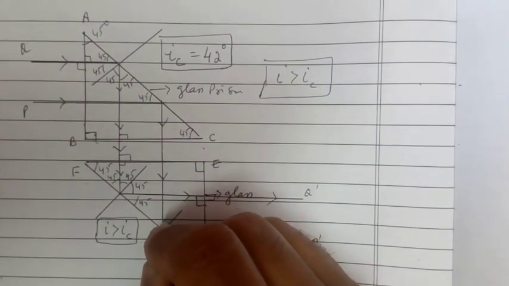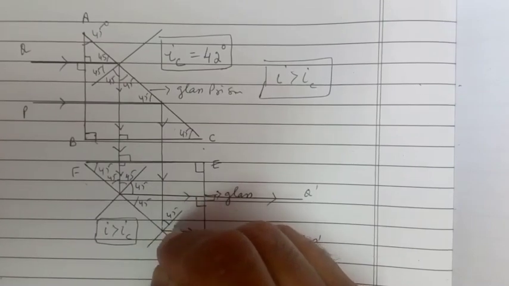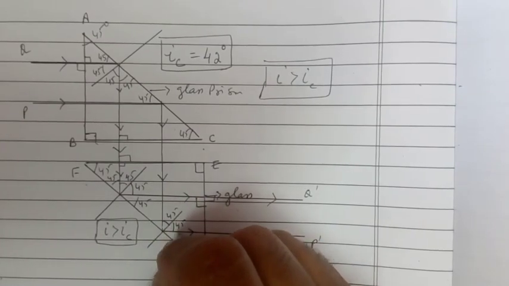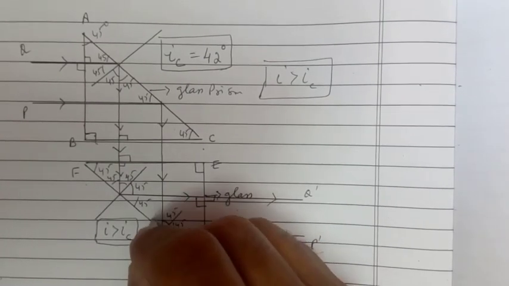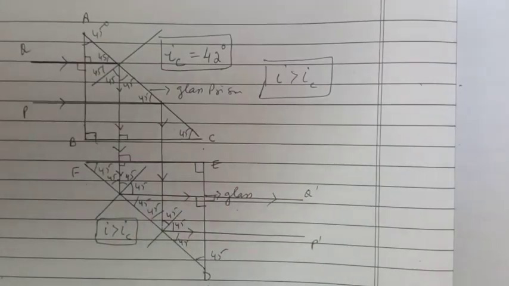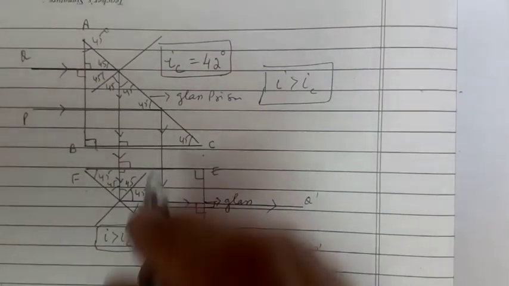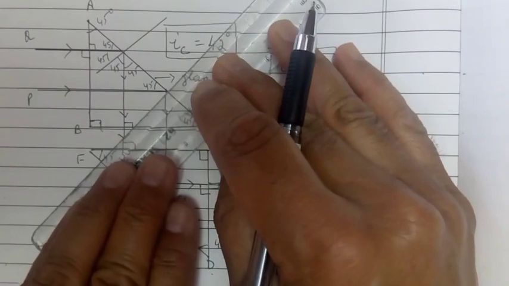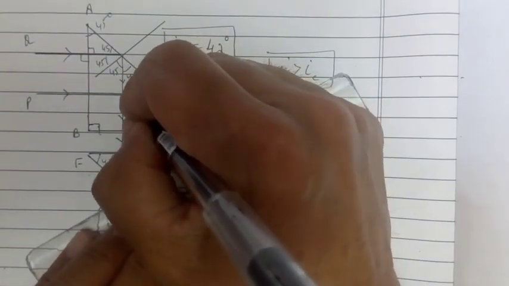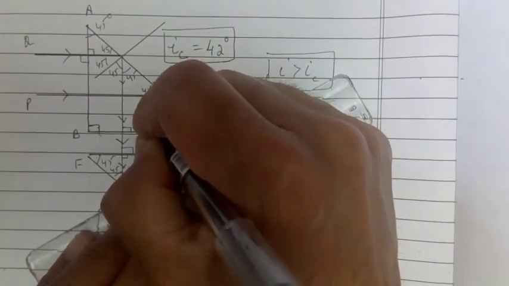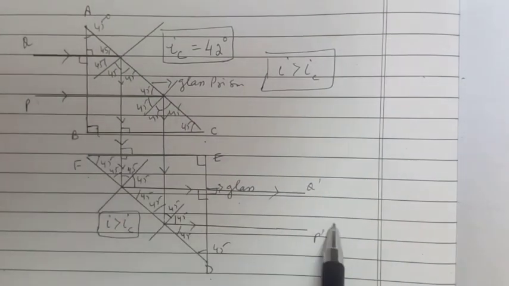Normal 45, 45 and 45. This is also 45 degrees. If you want, you can draw the normal here also. But at least in one diagram you must draw 45, 45 and 45. So the ray turns and goes over here.